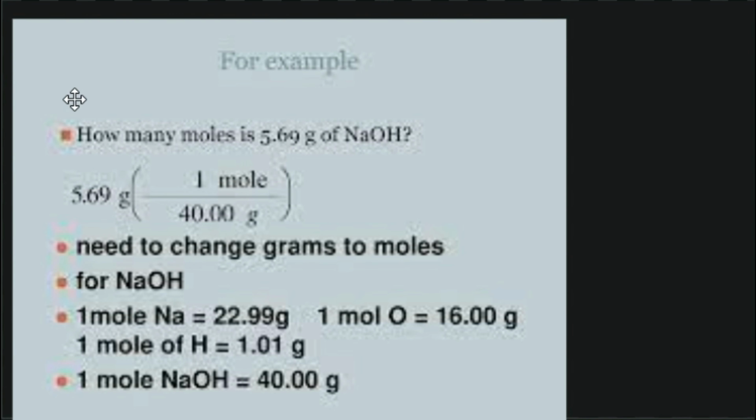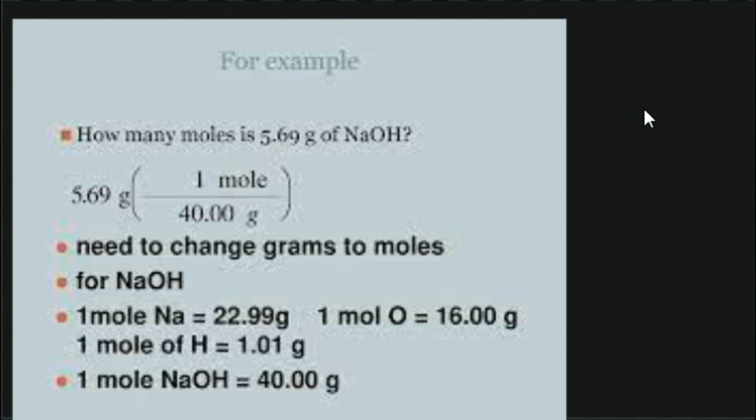I'll just go over this again. If they ask how many moles are in 5.69 grams of NaOH, you just use the mass here, and then you first find the molecular mass, which is the added value of all the elements in that specific compound.